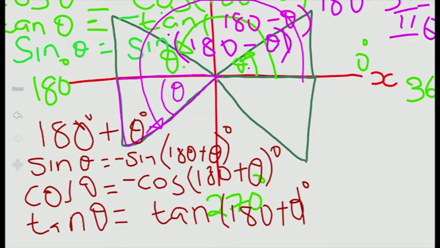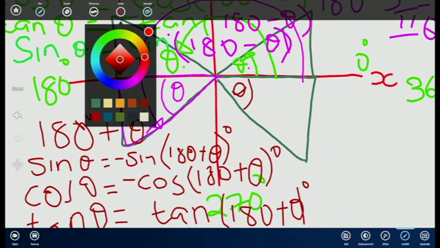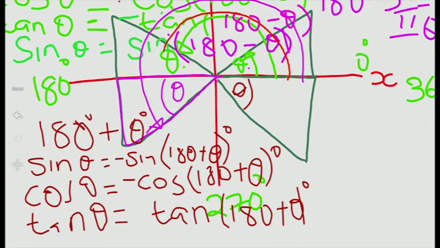Let's look at the fourth quadrant. The angle is reflected on the x-axis. This is the angle that is equal to the angle in the first quadrant. So what is the corresponding angle now in the fourth quadrant? If I measure an angle all the way here, this is the angle I'm looking for. It is between 270 and 360 degrees.